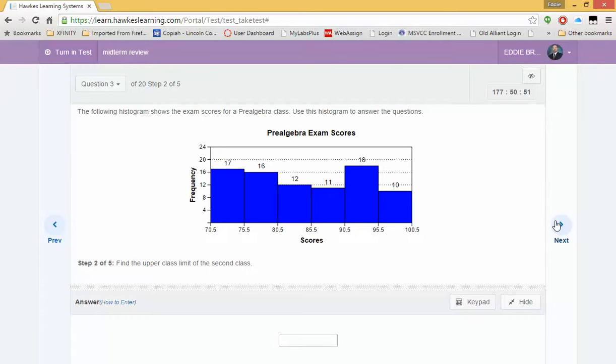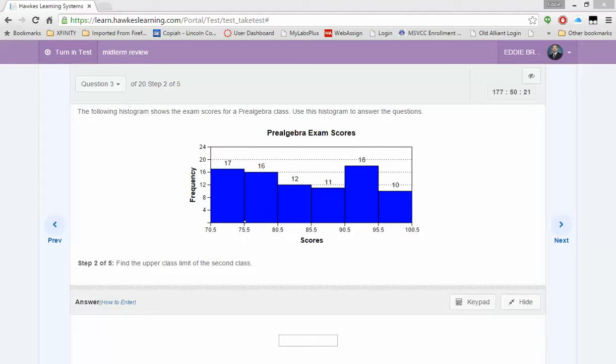Alright, step 2 says to find the upper class limit of the second class. Alright, so the upper class limit of the second class. That's going to be, alright, so these numbers here, the 0.5, and more than likely you can't make a 0.5 on the test.